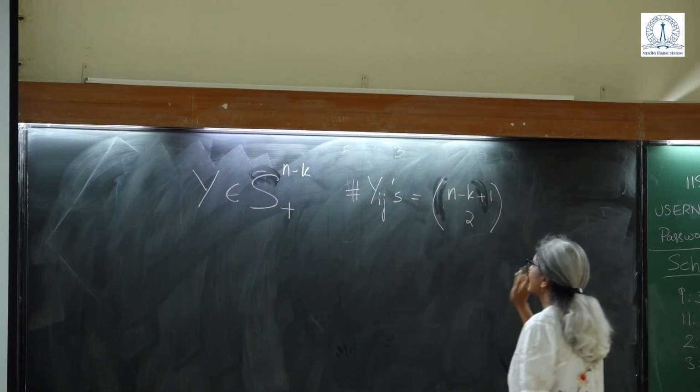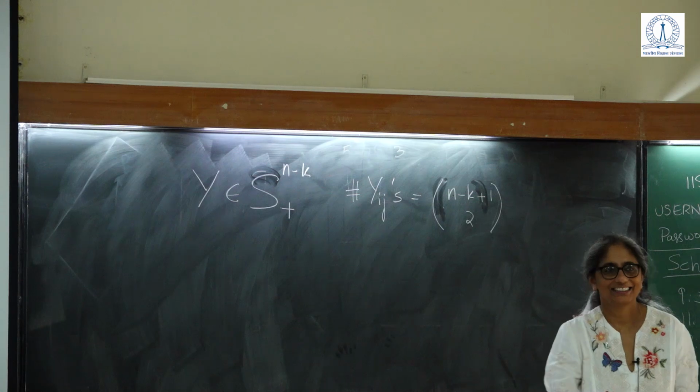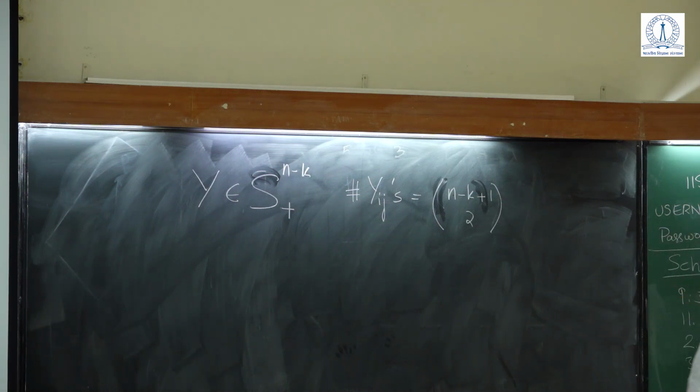Something like this. 3 by 3 you have 6. Okay, it's n minus k times n minus k plus 1, over 2. That's true. This is the number of variables we have, right?